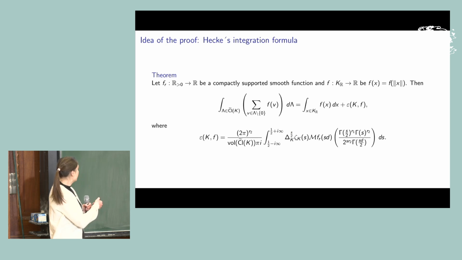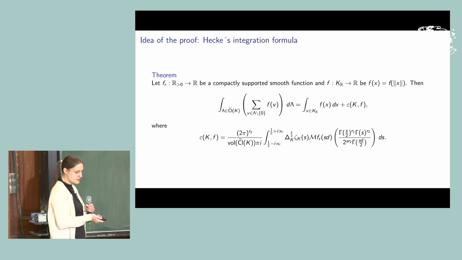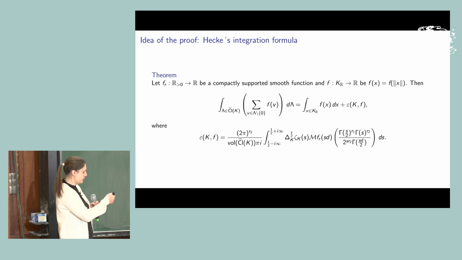So if we have very good control of the Dedekind zeta function, then we could also say something nice about the error term. This is a version of Siegel's mass formula for our space with the correction term, and it works for any compactly supported function f.